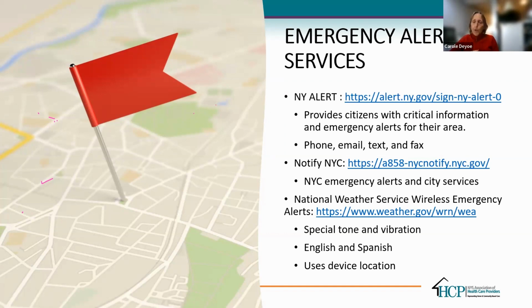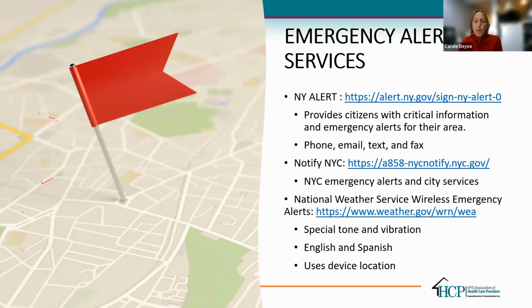So if your staff person has their home and they also have their client's home, but they also have their children's school that they want to know what's going on at, you can put in up to 5 addresses into Notify New York City, and they'll provide you with missing persons reports. They also have basement alerts for folks that live in basements if there's going to be a flooding situation. Planned events will have a notice go out so that you know if you need to avoid a certain area because there's going to be a parade, for instance. Police notices, transit disruptions, public health notifications, parking, weather, even beach information you can get on Notify New York City.